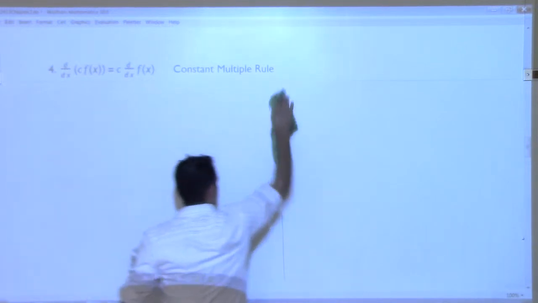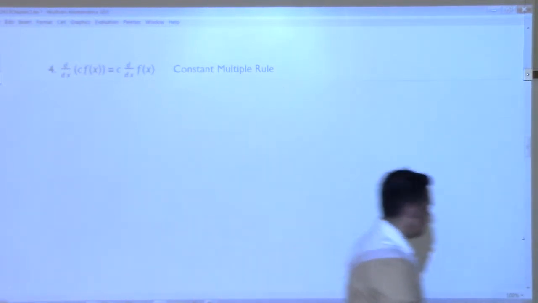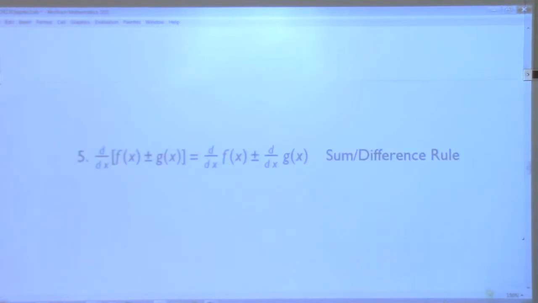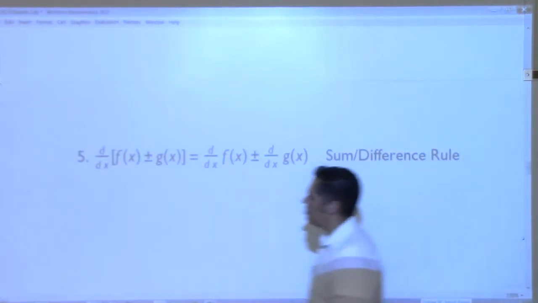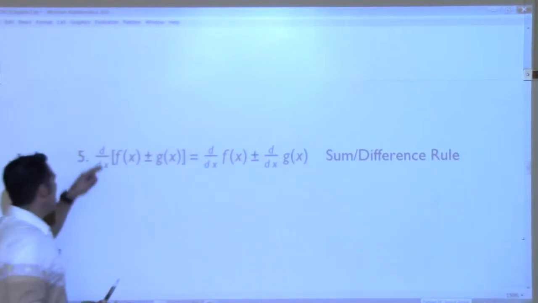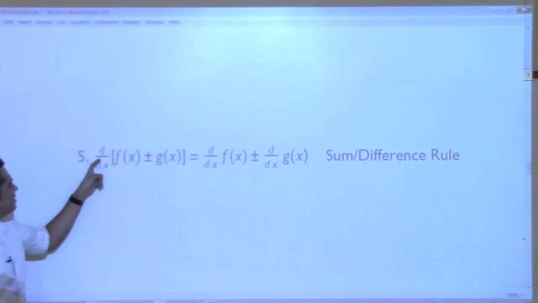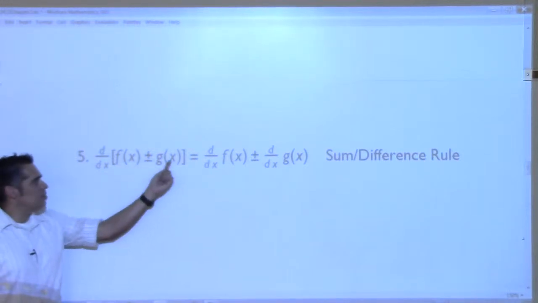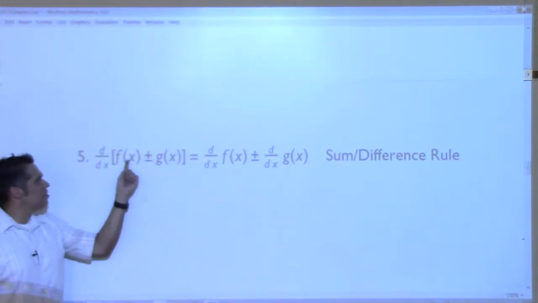Next rule. The sum and difference rule. This is a very nice rule, and you should be happy to see it. It looks complicated, but it's really not. It just says, let's say you're trying to take the derivative, and you've got some function being added to another function, or some function being subtracted.